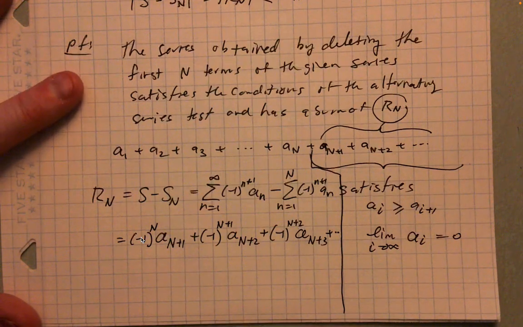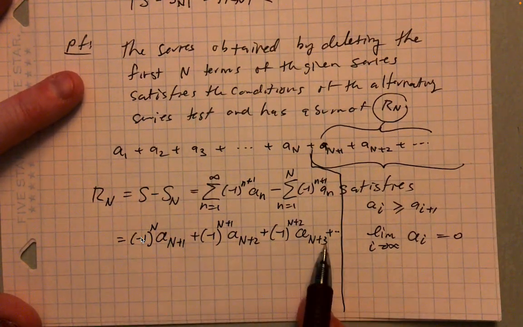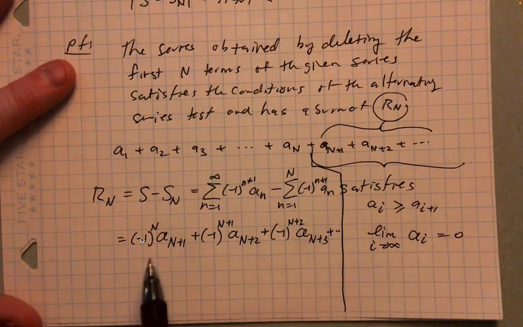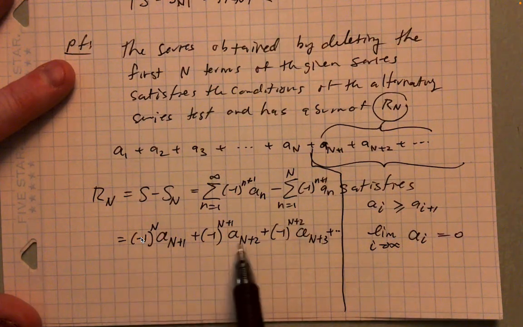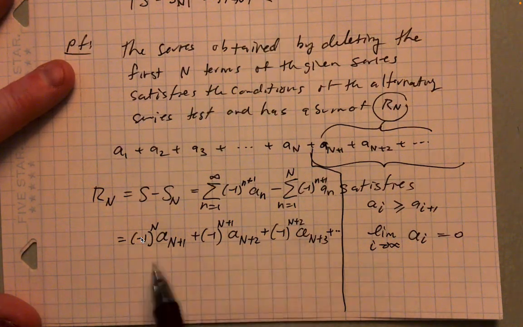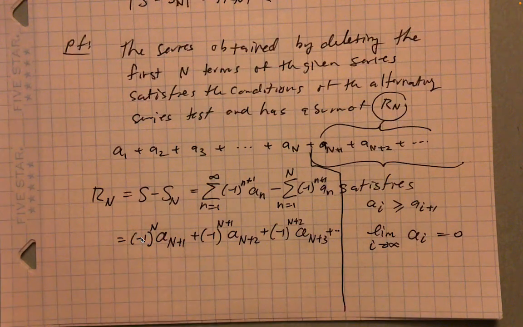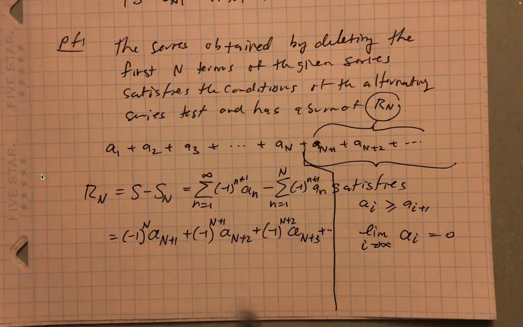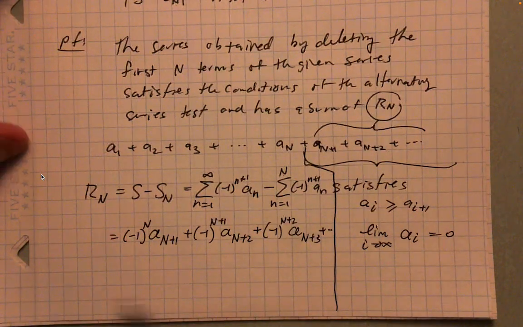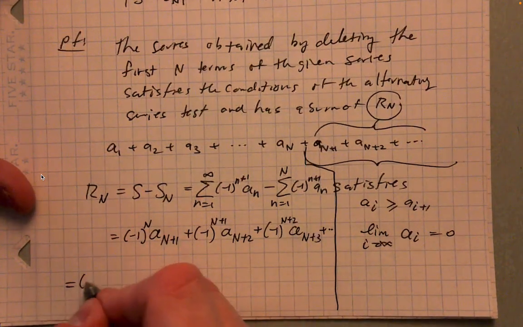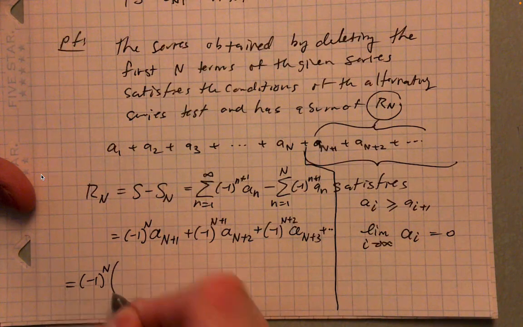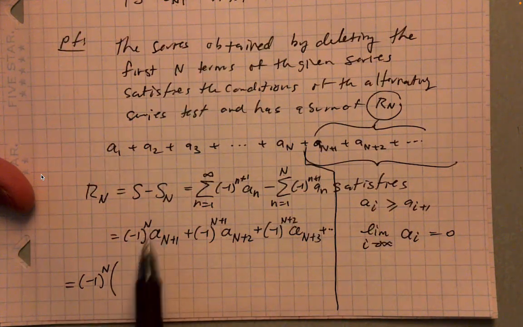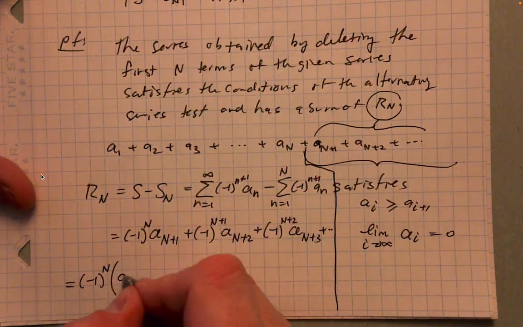And so we can factor the negative 1 out of this. If we factor n negative 1s out, then we should be able to figure out what all of the values here are. Keep in mind what happens to negative 1 as you continuously exponentiate it. It just toggles back and forth. So I can take out negative 1 to the nth power, and if I pull that out of here, I'm just left with a to the n plus 1.